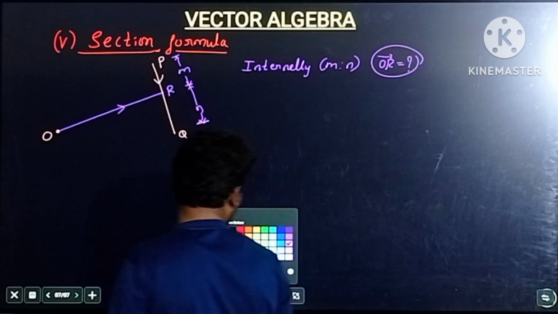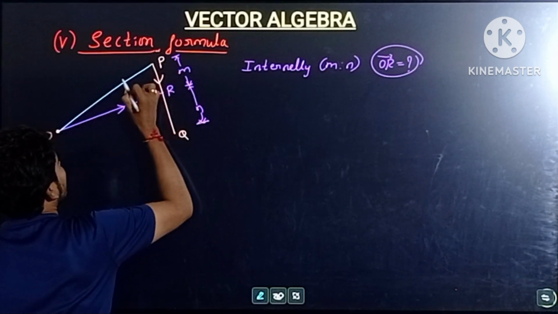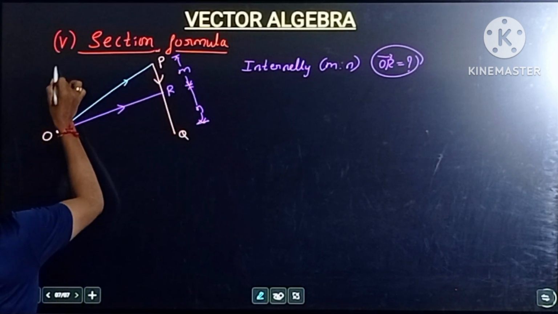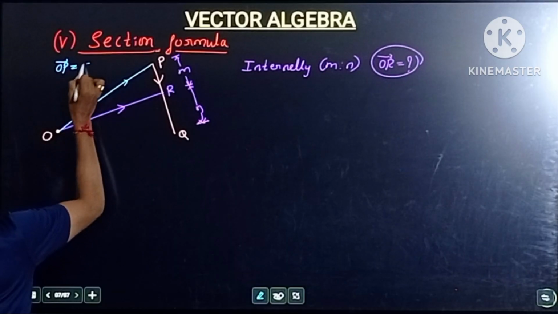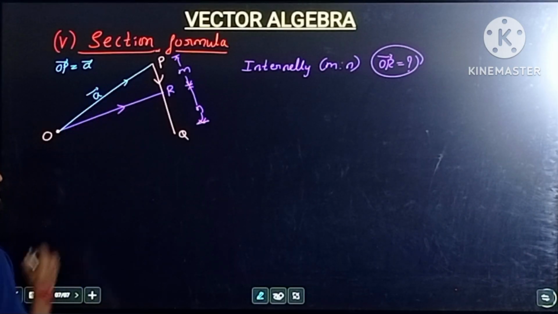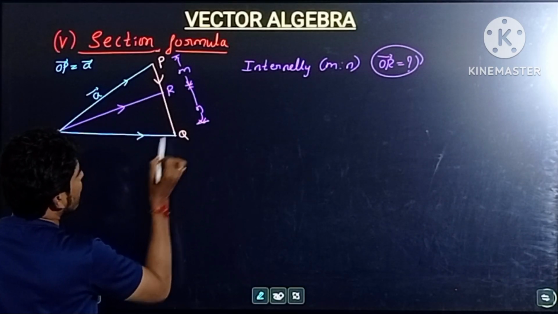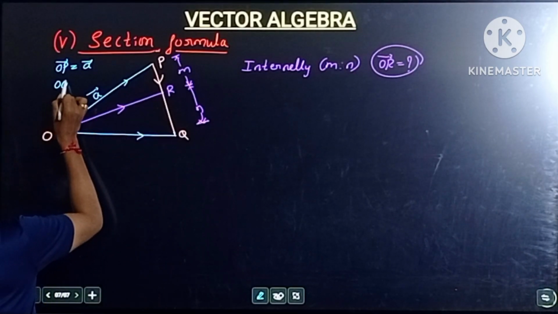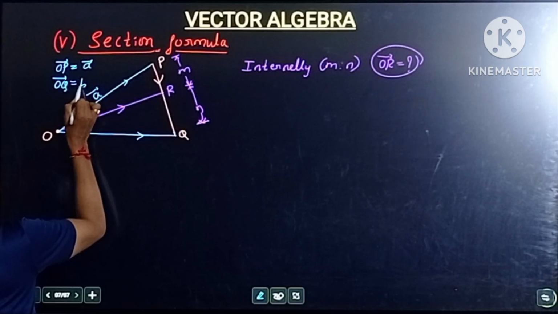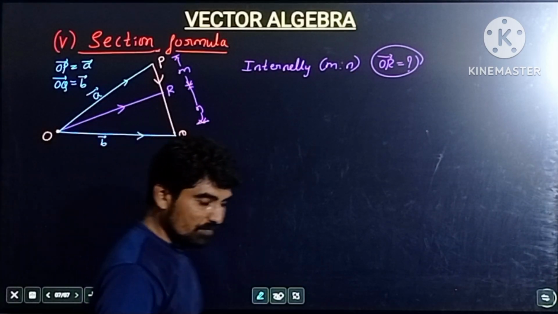As you know, the position vector of the point P is OP vector. Let's suppose OP vector is equal to A vector, and the position vector of the point Q is OQ vector, and let's suppose OQ vector is equal to B vector.